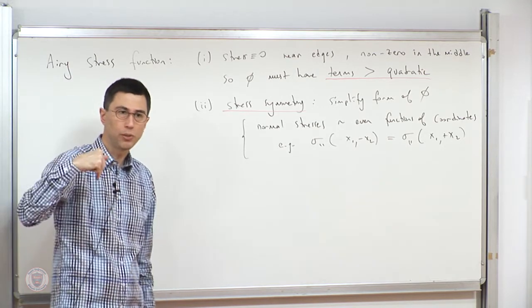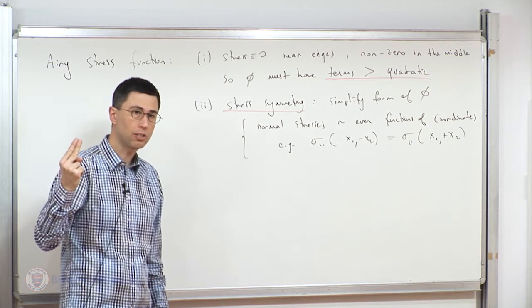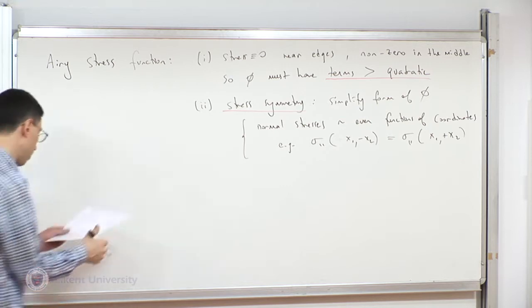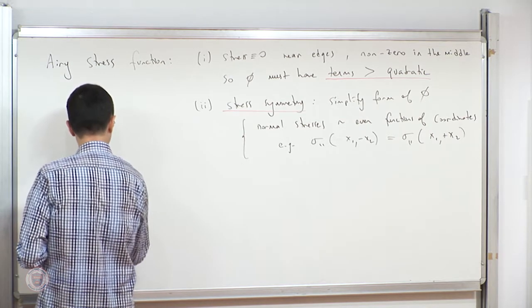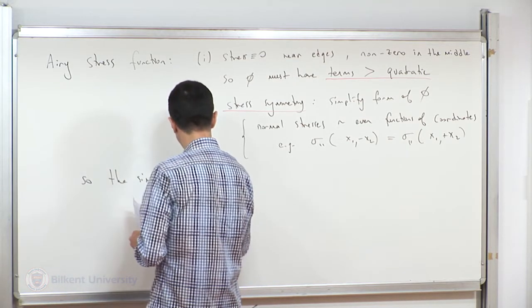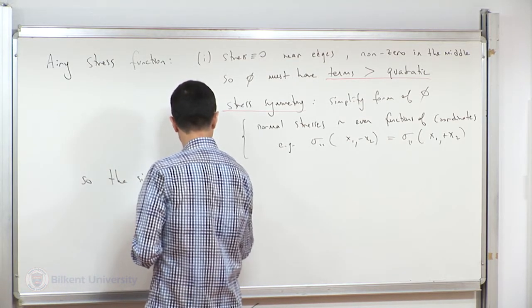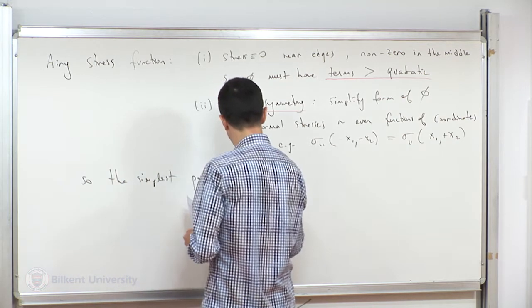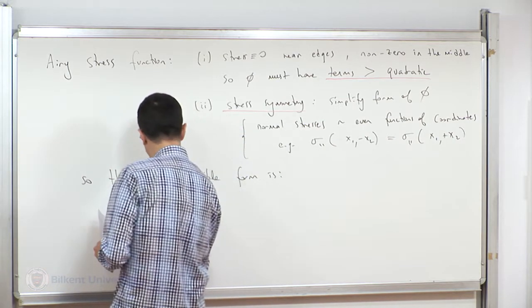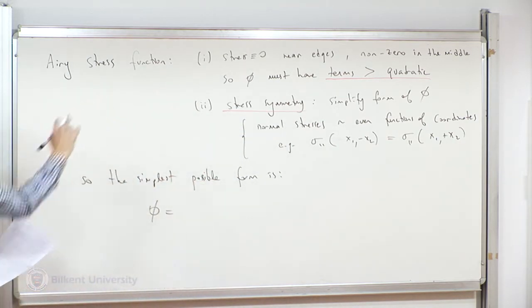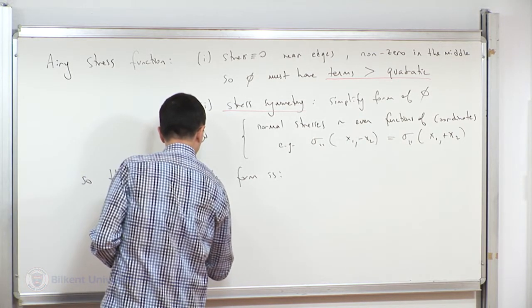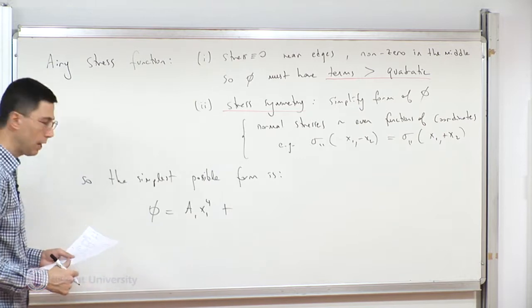If I take two derivatives, I will have stress terms that are quadratic in the coordinates, and that is an even function. So finally, then I can say that the simplest form is phi. Okay, so now I'm going to go ahead and put these two observations together. And I'm going to propose the following area stress function.